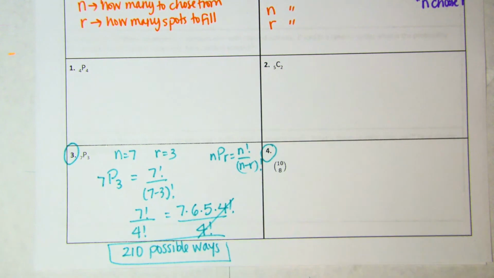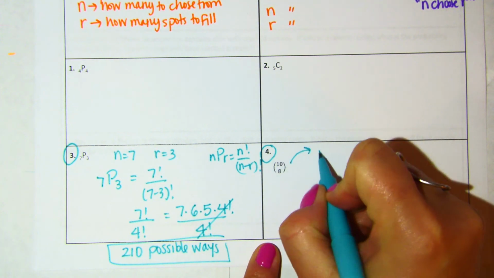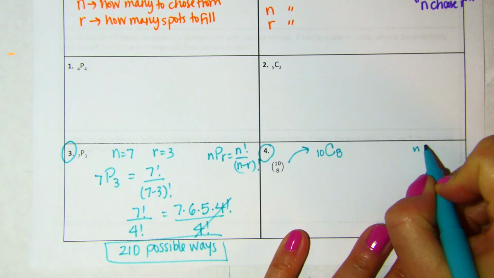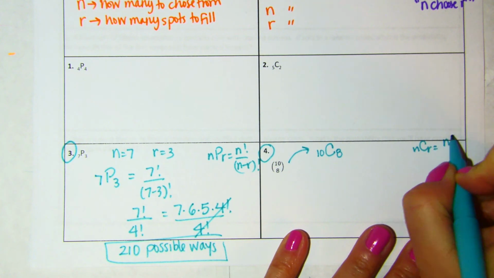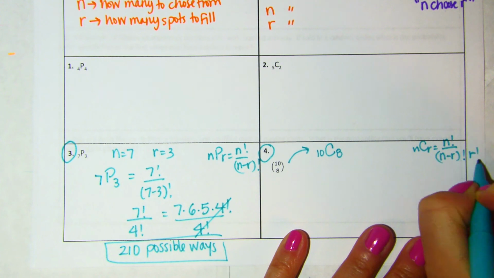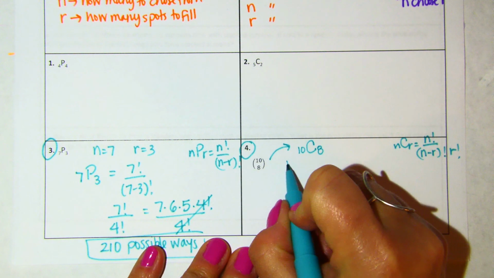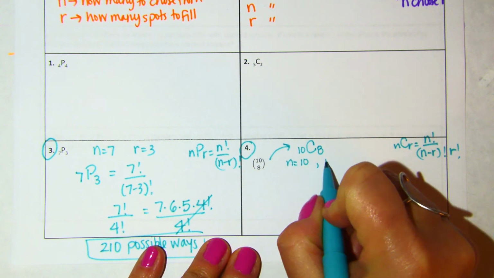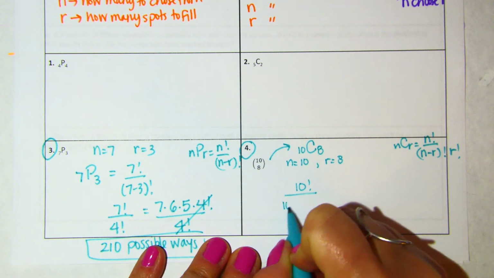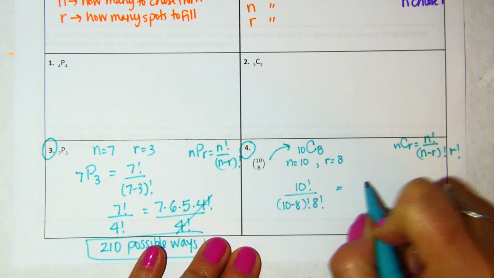And now I'm going to do a combination. So this 10 choose 8 is the same thing as 10C8. And remember, the formula for this one is n factorial over n minus r factorial, r factorial. So they're almost identical. So in this case, my n is 10 and my r is 8. So it's going to be 10 factorial over 10 minus 8 factorial, 8 factorial.